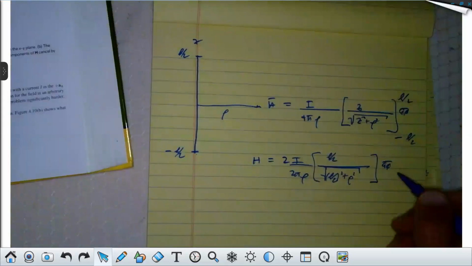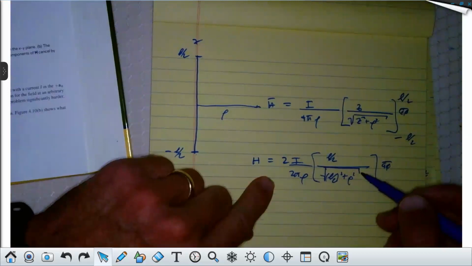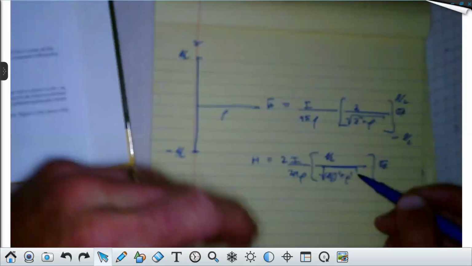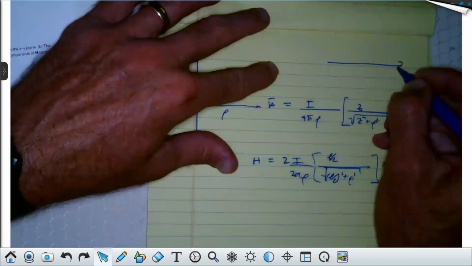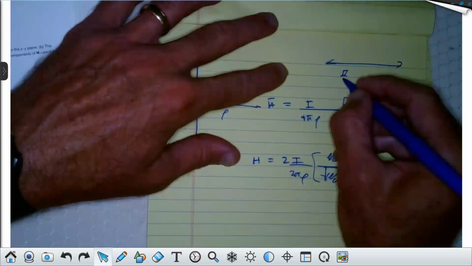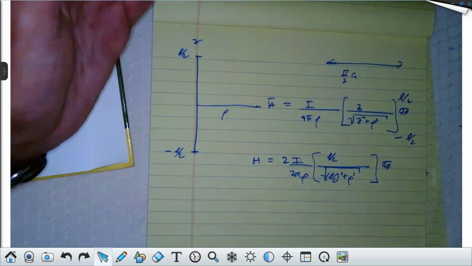Now this would be the H field from this line, right? Now you can substitute in the actual values. For the one we had, the length of each side was pi over 2a, right? You all remember that? This is from the page before when we turned the circle into a square.